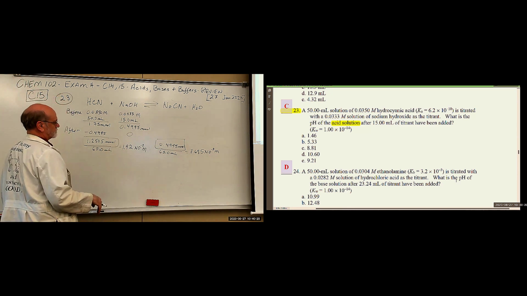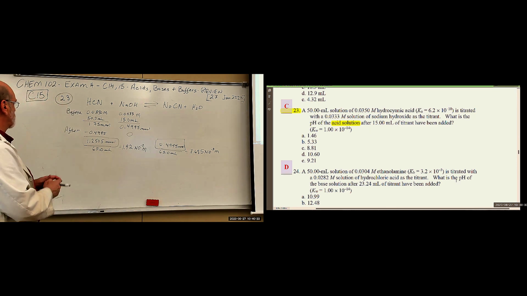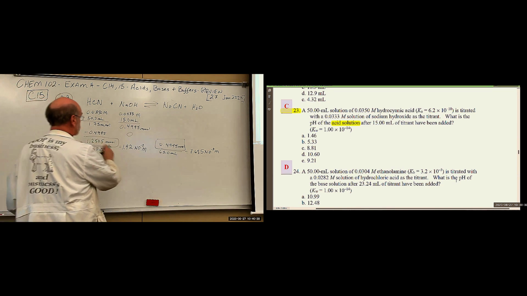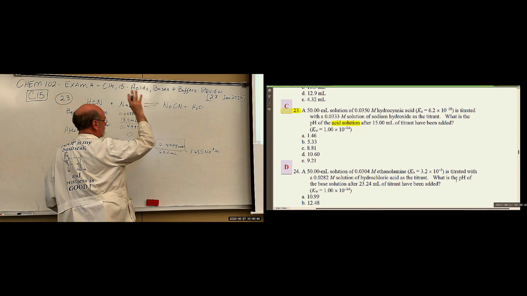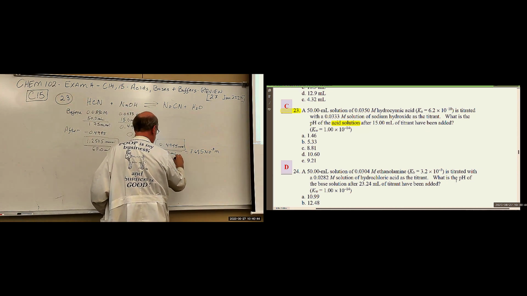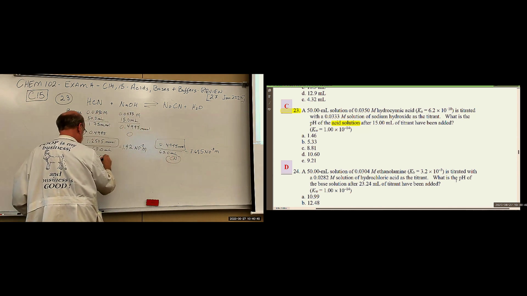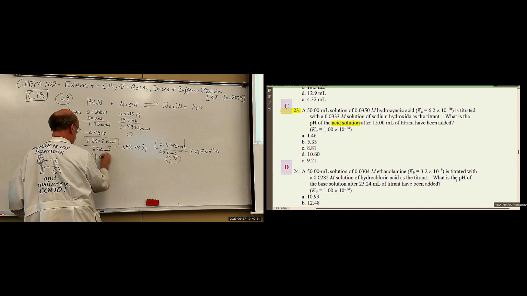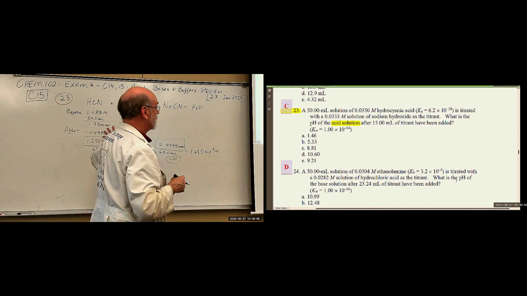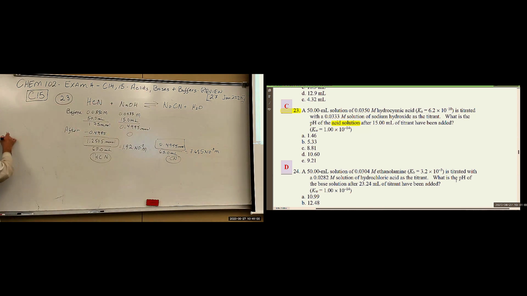Okay. Now what's going to happen? Well, all of this base is gone. We just have this conjugate base, right? And this weak acid here. And we have the Ka of the acid.